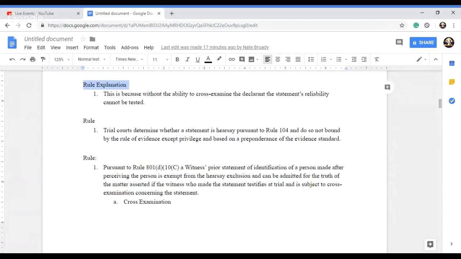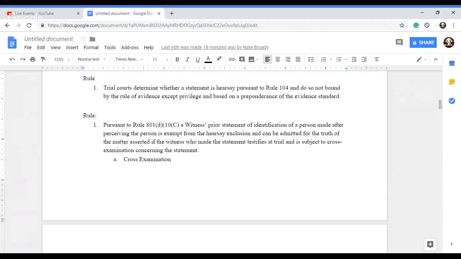This is the trial court determines whether a statement is hearsay pursuant to Rule 104 and does so not bound by the rule of evidence except for privilege and based on a preponderance of the evidence standard. So again, that's a very short and concise rule explaining how hearsay and Rule 104 works.